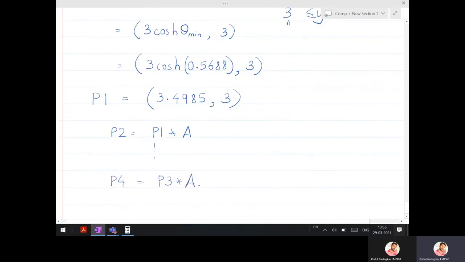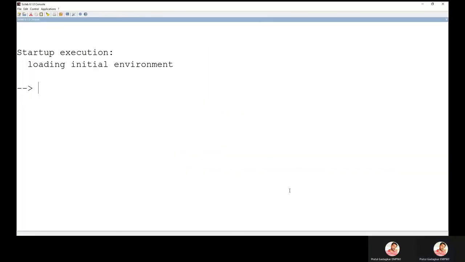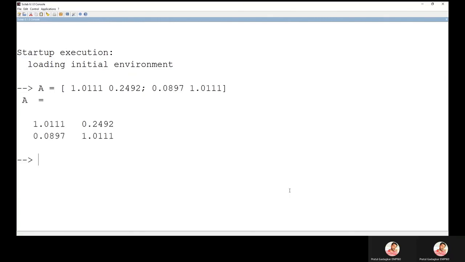Now we will go into Scilab and find out these points and then plot them in GeoGebra. So the matrix A we have got is 1.0111, 0.2492 and 0.0897 and 1.0111. The first point that we have chosen is 3.4985 and 3.